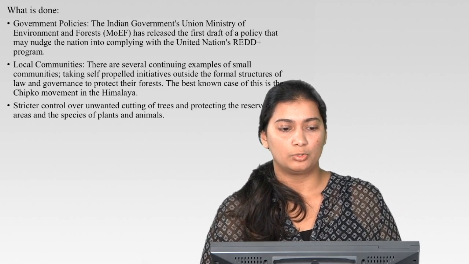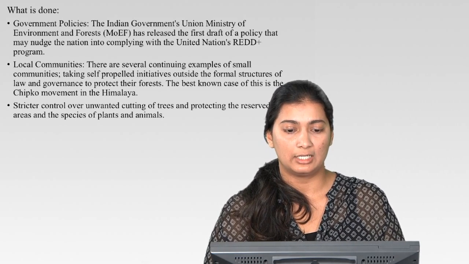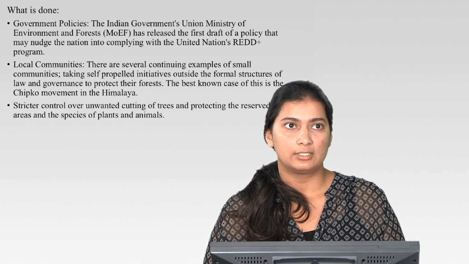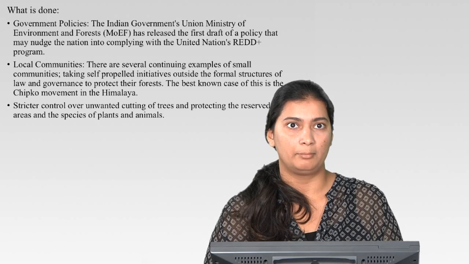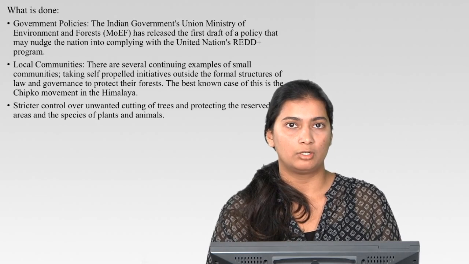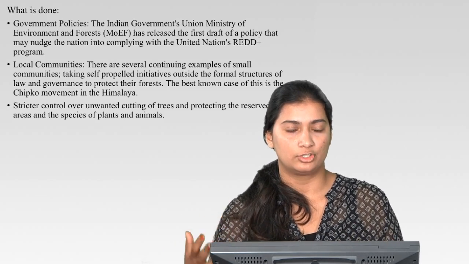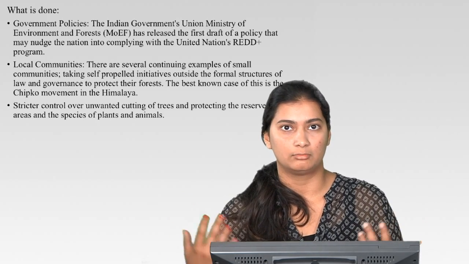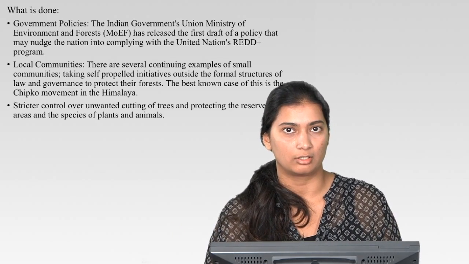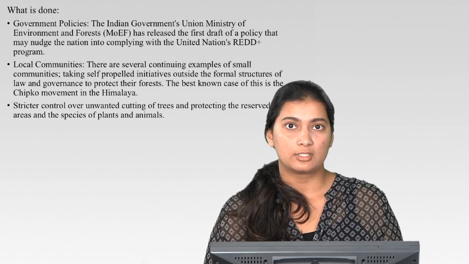One of the best known was the Chipko movement in the Himalayas. The Chipko movement is like, if there were people coming to cut down the forest, people actually went and hugged the trees and said, I'm not going to let you cut the tree. So that was a huge success.